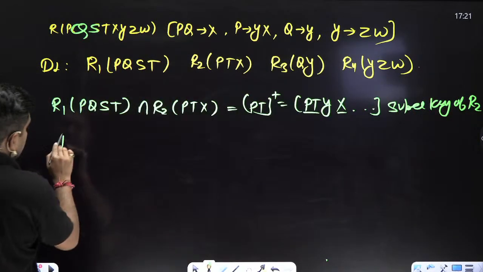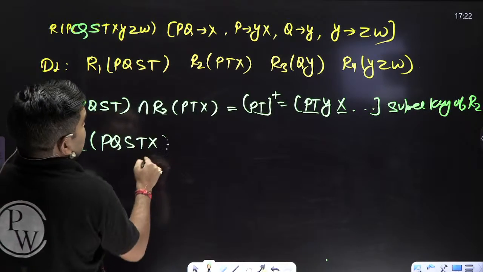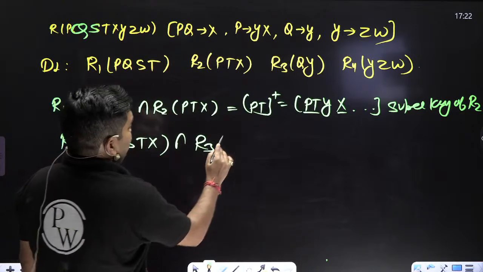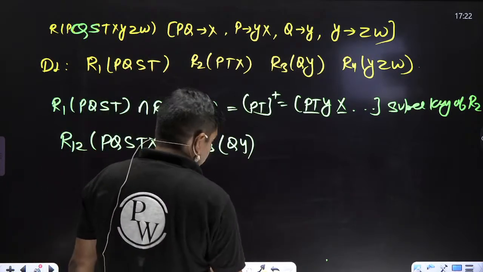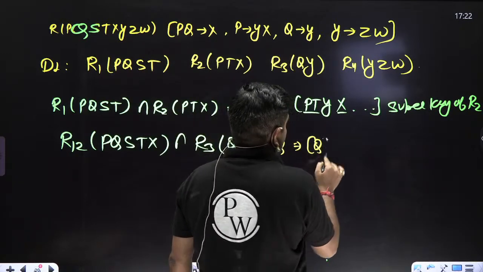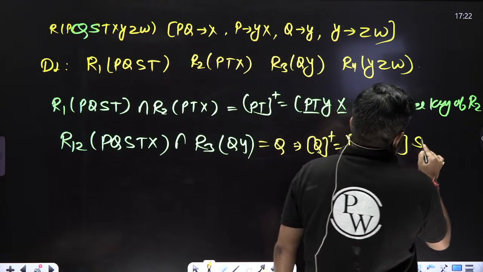So what can we say? R1 join R2 gives PQSTX, intersection with R3, QY. Then what is the common, my dear? What is the common? Q. When we take the closure of Q, then what are we getting? QY. That is what?